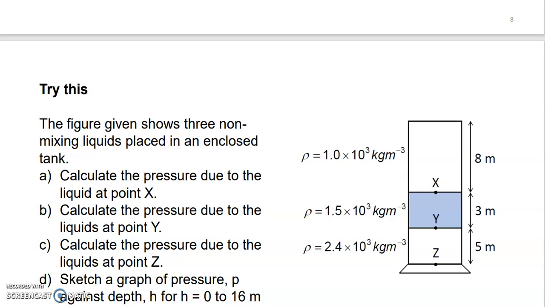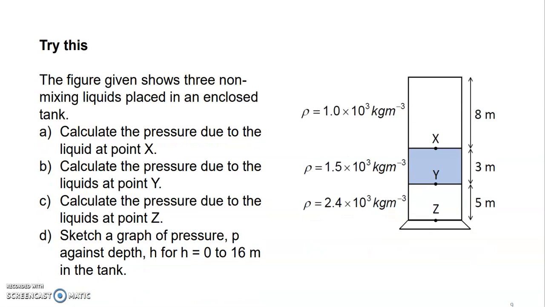Okay, let's go through the examples. The figure given shows three non-mixing liquids, X, Y, and Z, in an enclosed tank. The liquids are different, meaning they have different densities.